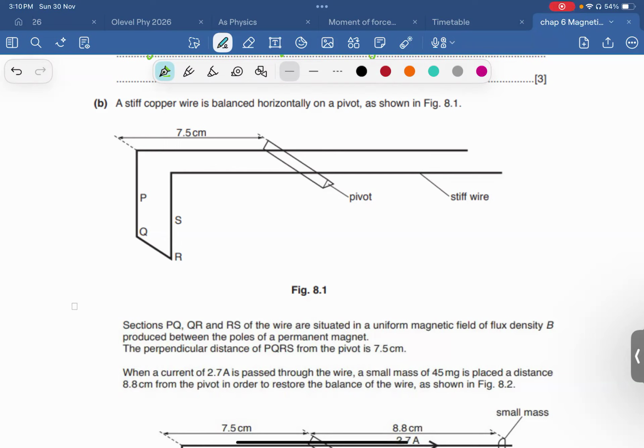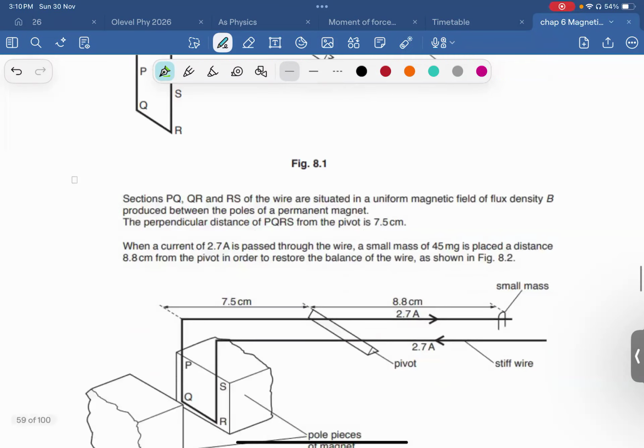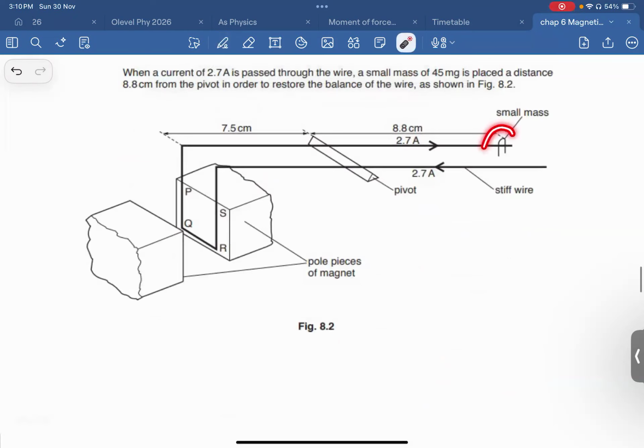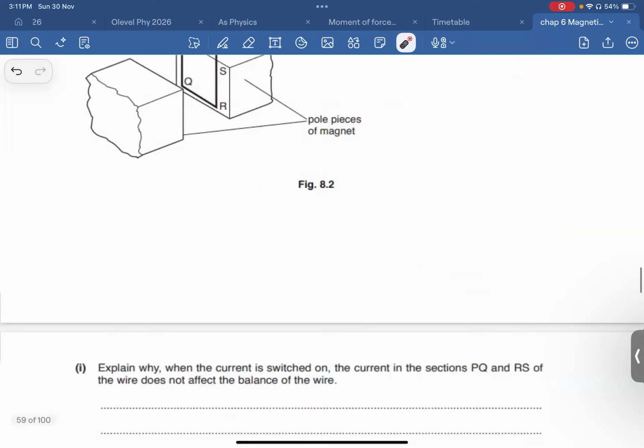When a current of 2.7 amps is passed through the wire, a small mass of 45 mg is placed at a distance of 8.8 centimeters from the pivot in order to restore the balance to the wire, as shown in figure 8.2. Okay, fine. So it is right here.